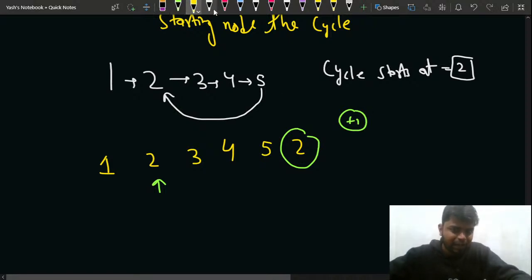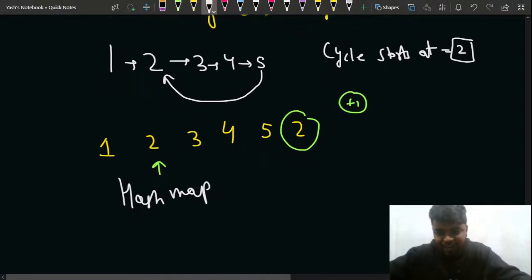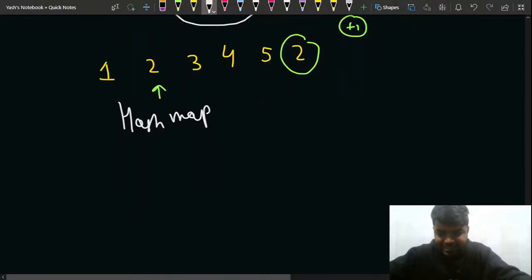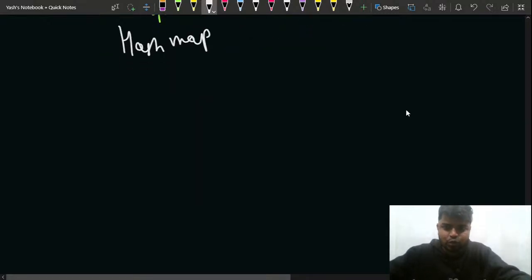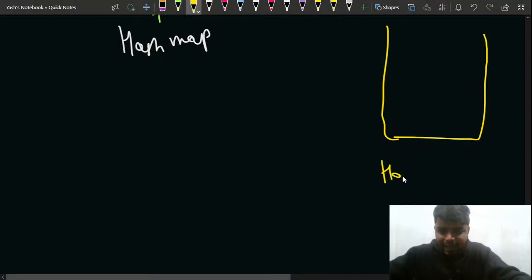Now what you have to do is a hash map kind of approach. You make a hash map in which you will be storing the node.